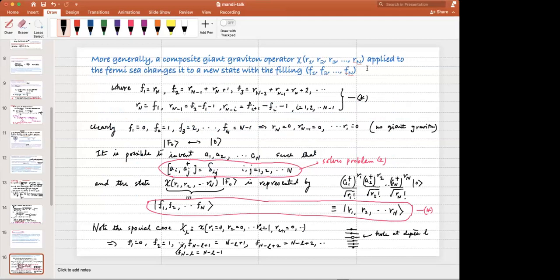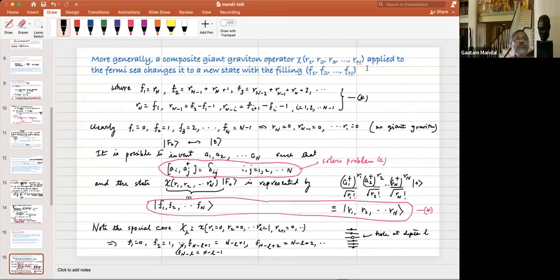No problem. Okay, good. So that was about a single giant graviton. And I began by saying what the composite giant graviton operator is. It's a Schur.